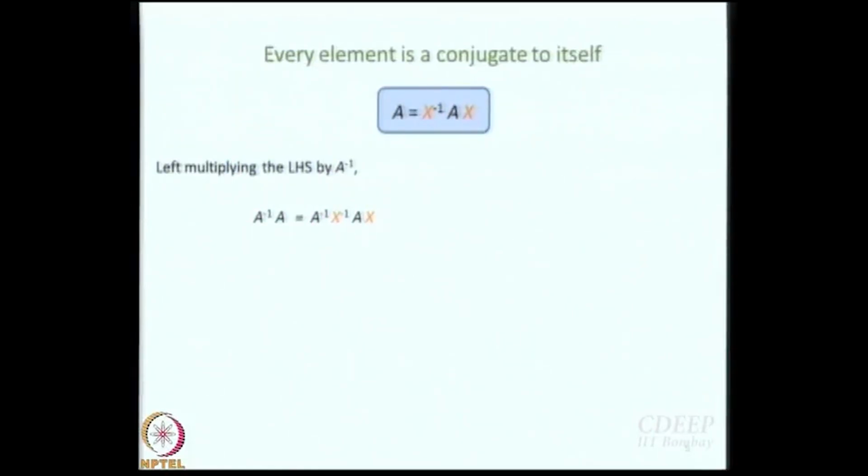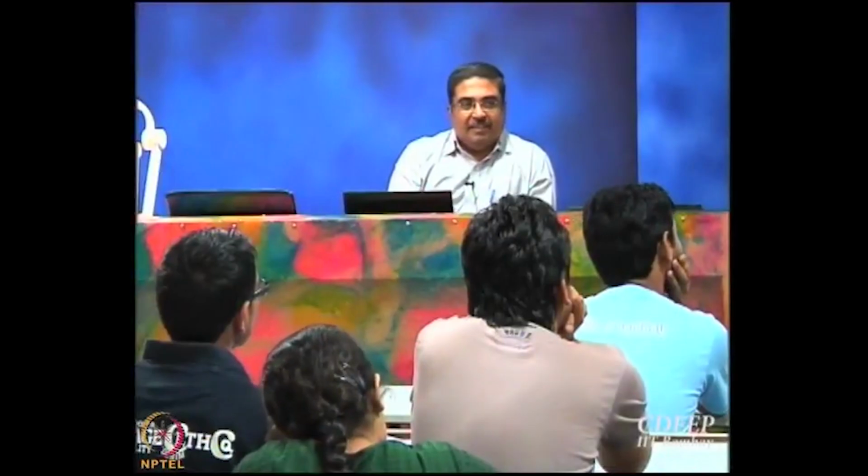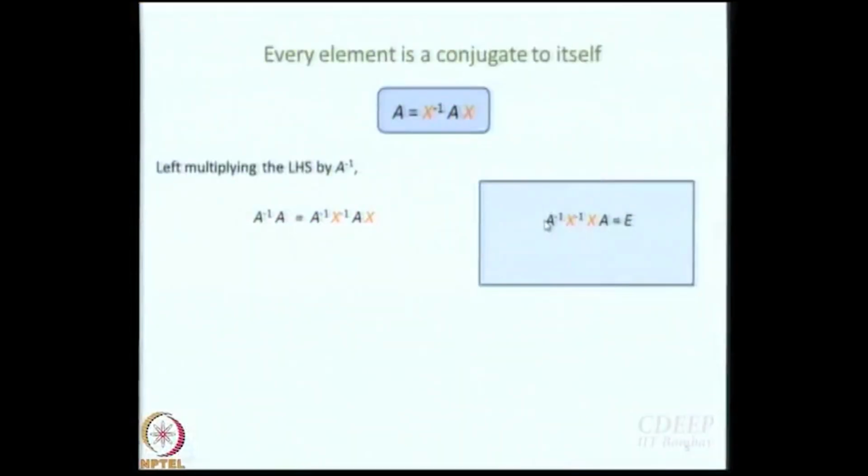Let us see. Will you agree with me when I say A inverse x inverse is the inverse of XA? That is very simple. X inverse x is E, then E A is A, A inverse A is E. So, it is not very difficult to see that A inverse x inverse is the inverse of XA.